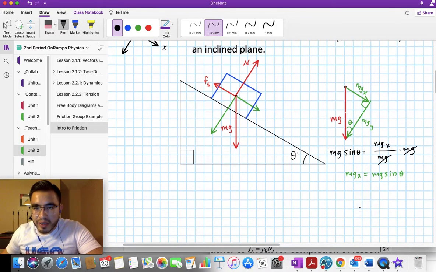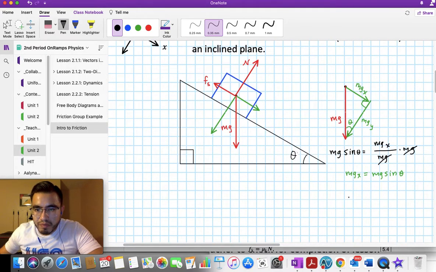For cosine, it's going to be almost identical because we have cosine of theta, but now we have adjacent divided by hypotenuse. The adjacent is mgy. Don't forget, adjacent is just a fancy way to say next to. So mgy divided by hypotenuse, which is mg. We solve for mgy.